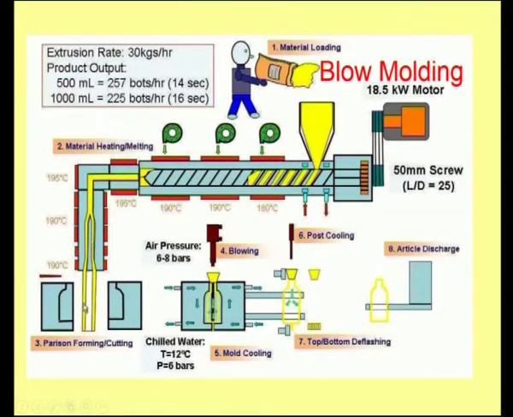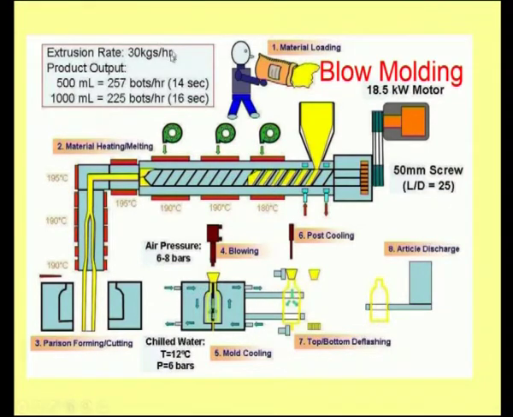The next step is the blowing of this parison with compressed air. As a result, it will expand, and then comes mold cooling, then part cooling, and finally the bottle is removed. So, this is a typical scheme for a blow molding process.